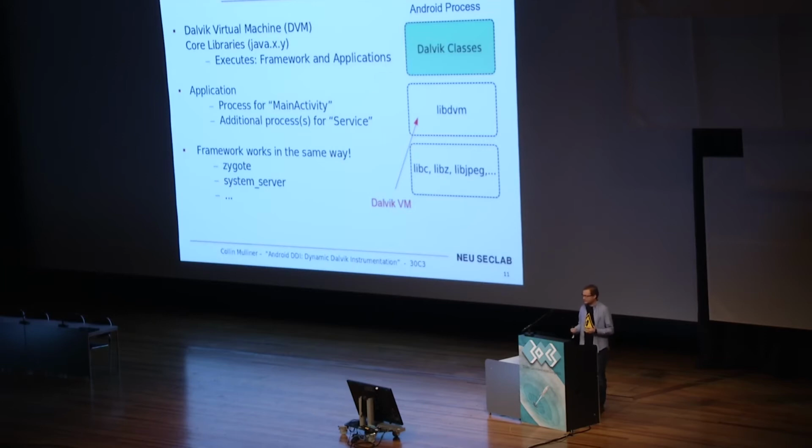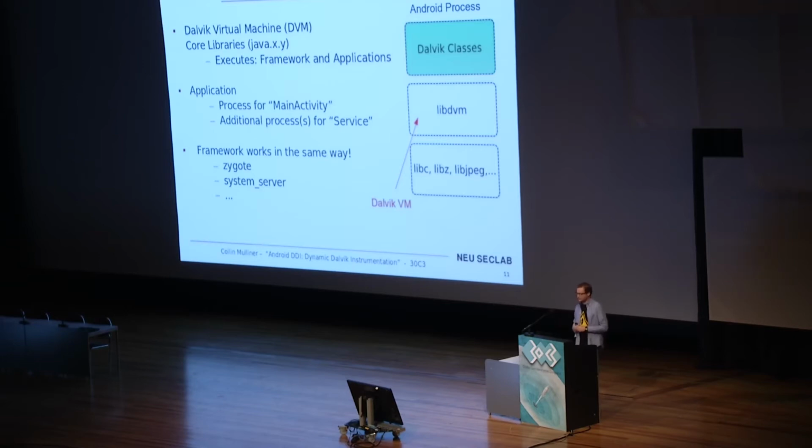So how does the Android runtime actually work, and what does an Android process look like? Of course, you have the virtual machine and the core libraries. And every application or any system process that executes Dalvik code looks like this. You have a process that links to the standard libraries, libc, libz, libjpeg, and so on, and of course libdvm.